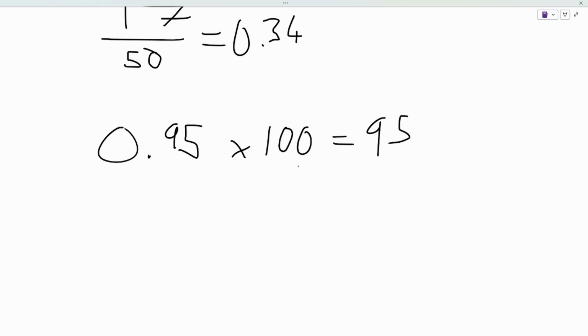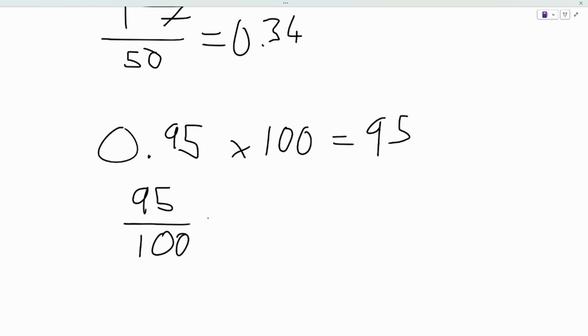We could times it by 1,000 to get 950, and then you do 950 over 1,000, but again, that's just too many steps. You'll get to the same answer, but you're just making it harder for yourself. So we'll take our whole number, 95, as our numerator, and our denominator is 100, because that's what we have to times it by to get to the whole number.